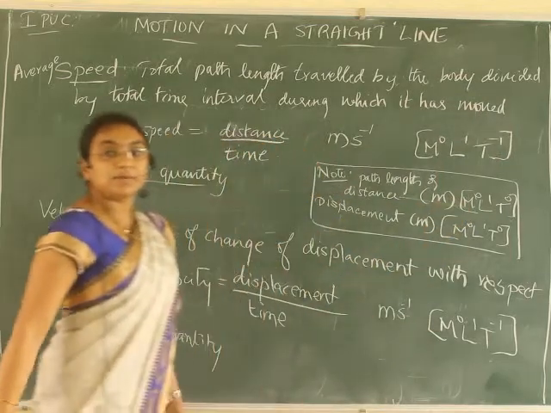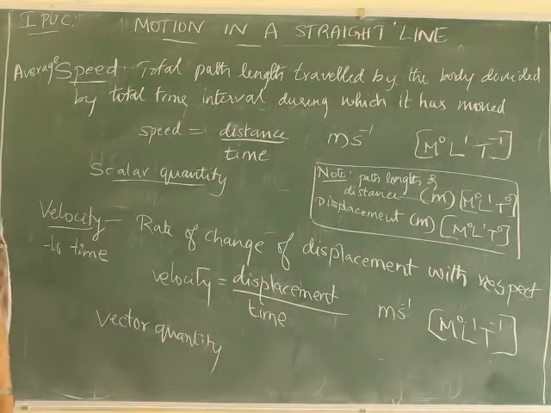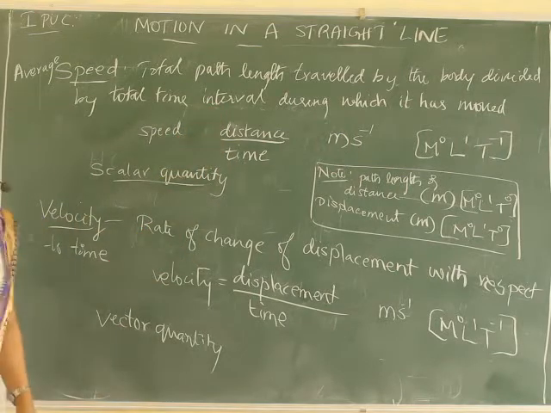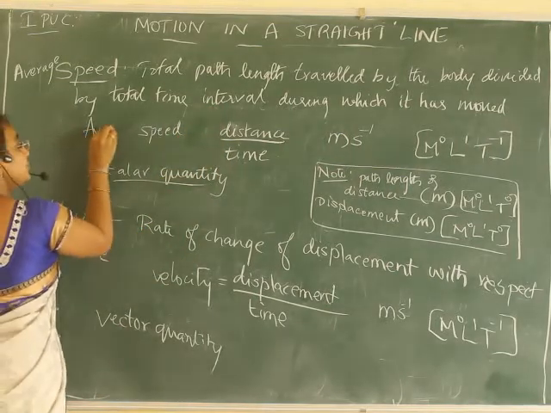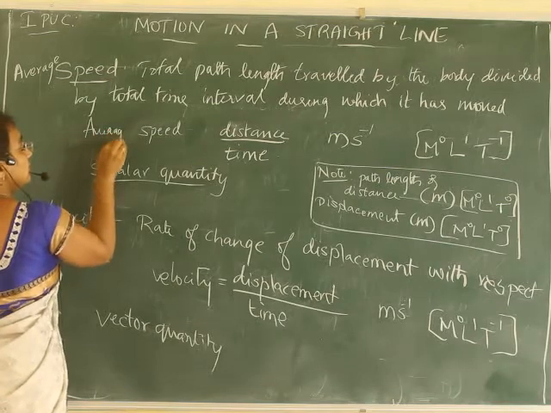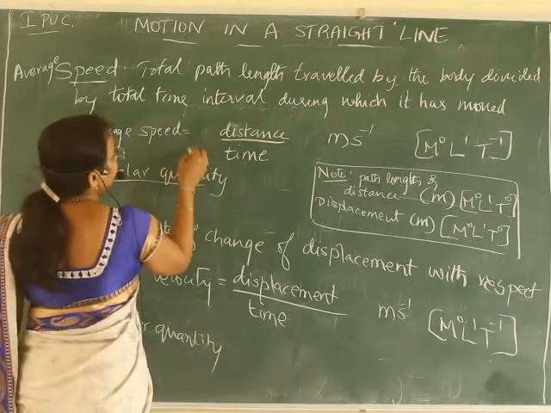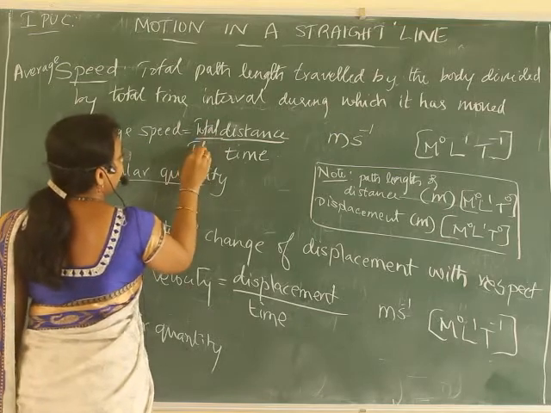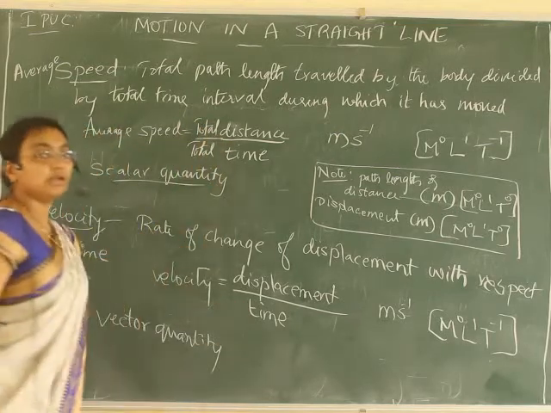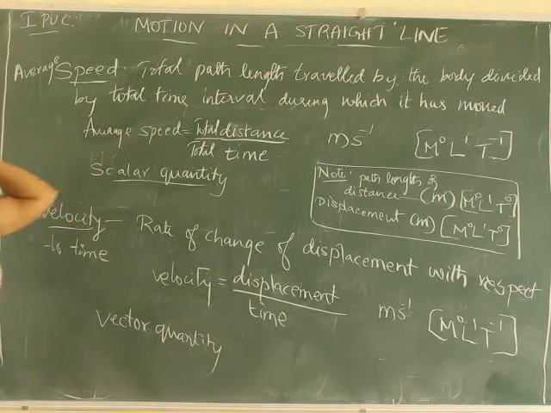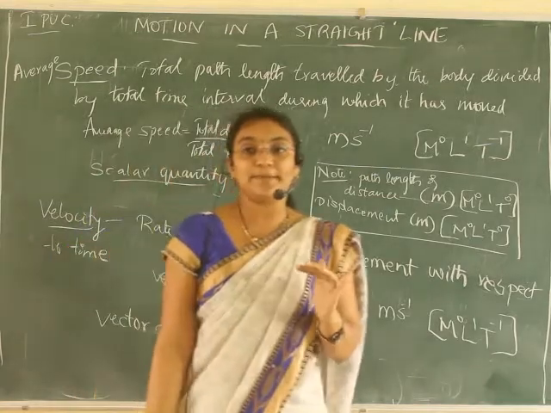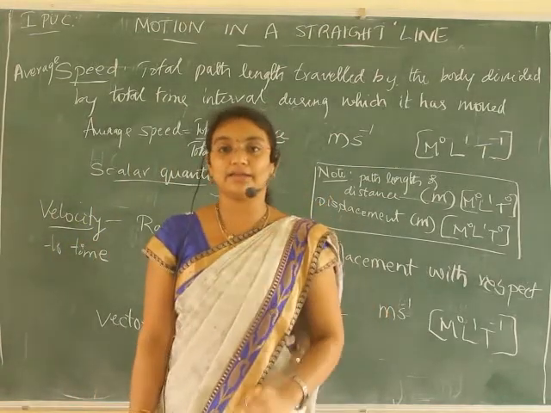Whenever we speak about the average, we speak about total distance by total time. So average speed is equal to total distance by total time taken. But speed alone means distance by time.